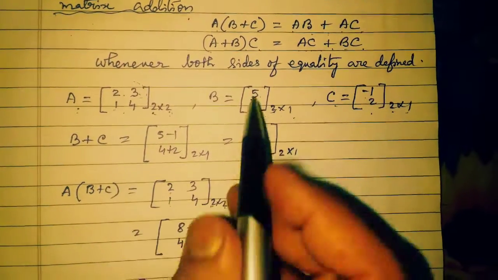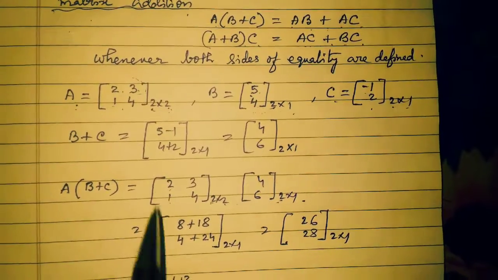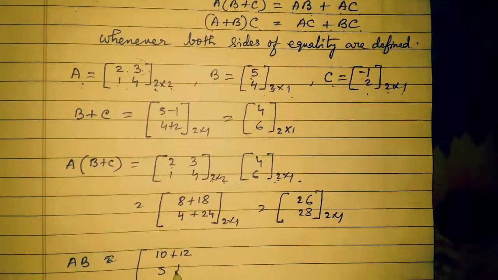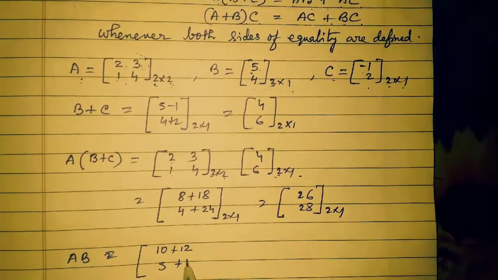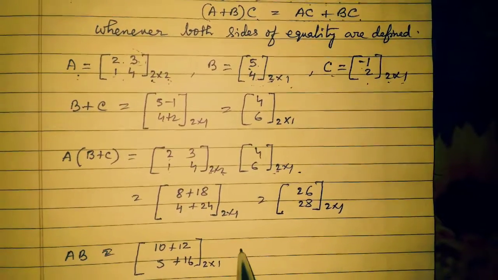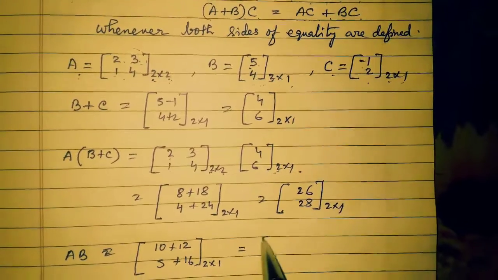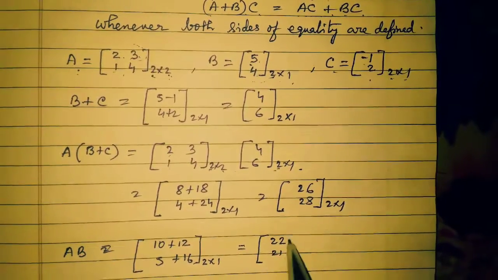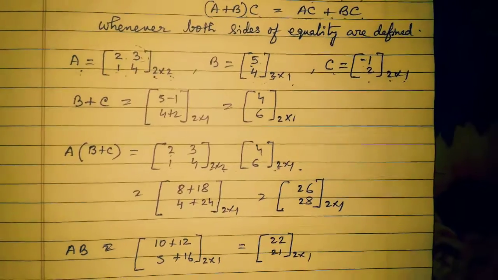Again, 1 into 5 is 5, and 4 into 4 is 16. The resultant matrix order is also 2 into 1. So finally 10 plus 12 is 22, and 16 plus 5 is 21, a 2 into 1 matrix.